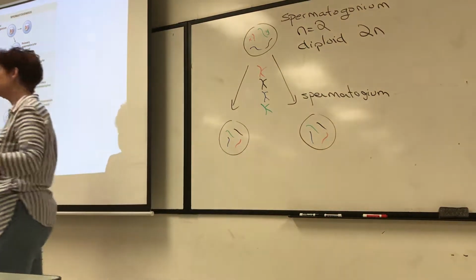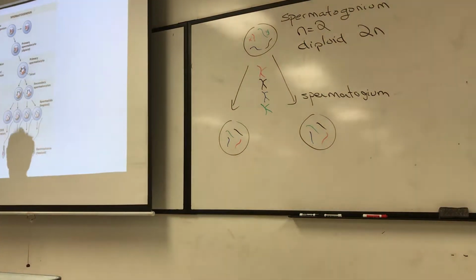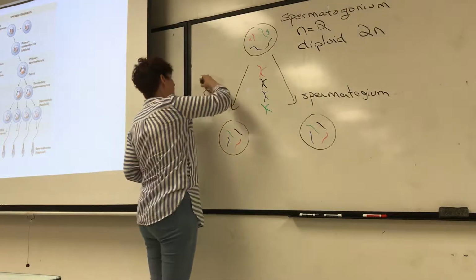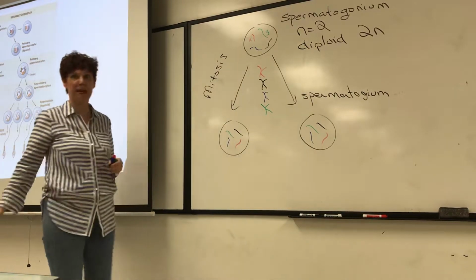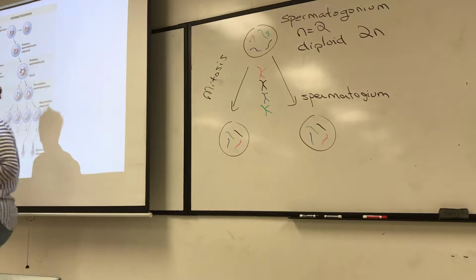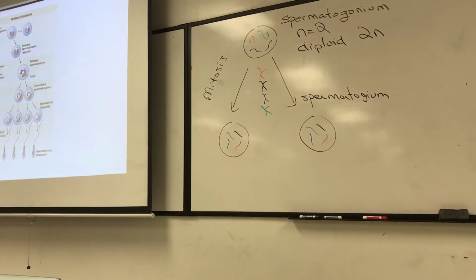We have 2 identical appearing cells because they're 2 daughter cells that mitosis has occurred. And that's the purpose of mitosis, it's just to increase the number of cells. The gametes, the spermatogonia, the spermatocytes, or the oocytes are the only ones that undergo meiosis. Okay, other body cells do not undergo meiosis.